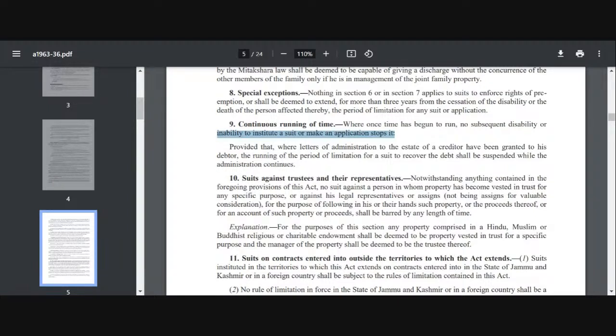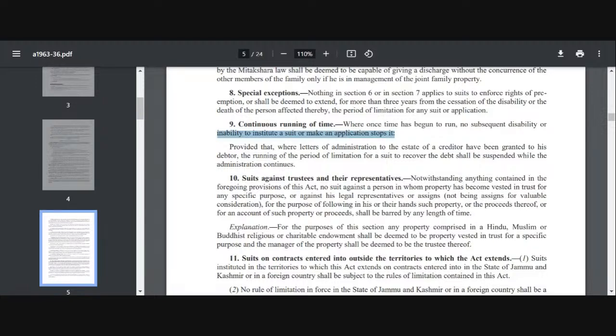And this section was enacted with the purpose that apparently fraudulent trustees who are putting trust money in their own pocket cannot escape the law by reason of lapse of time. So the beneficiary has the right to bring the suit against the trustee and their representatives at any time.